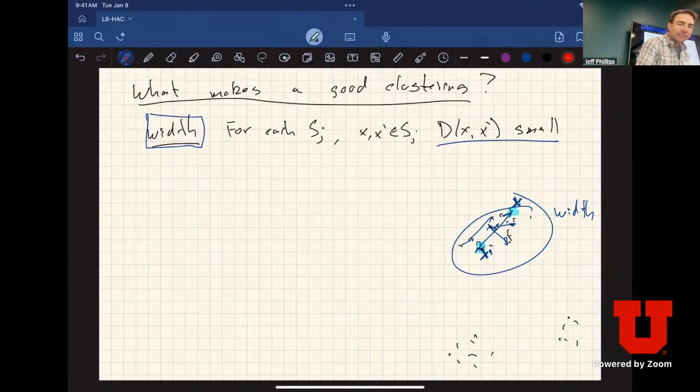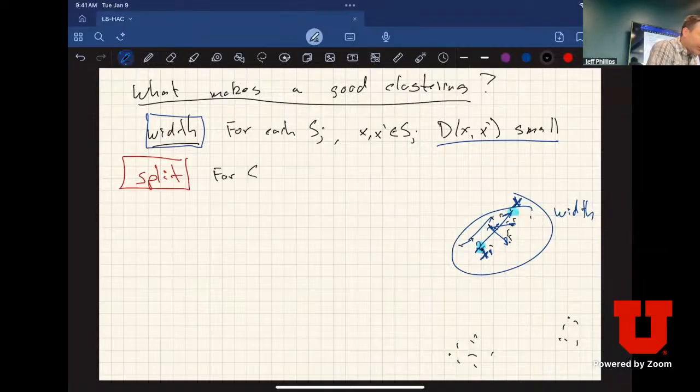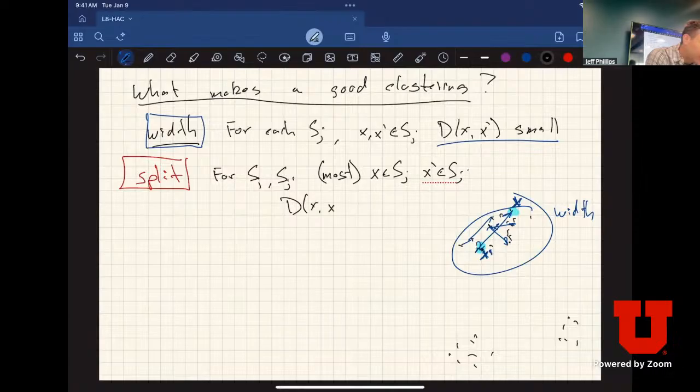Another thing we care about is the split. This is for two clusters Sj and Sj prime: for most x in Sj and x prime in Sj prime, I want the distance between x and x prime to be large.